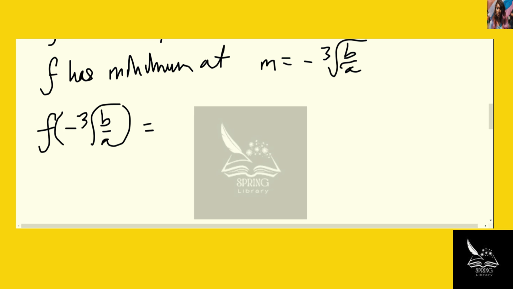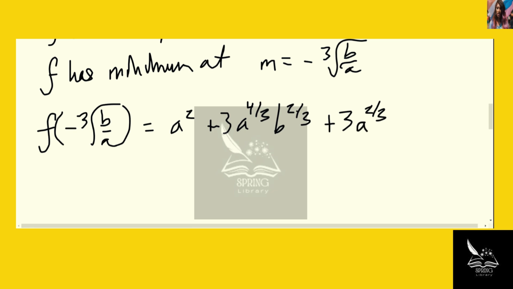This is equal to, once you finally simplify it down, there's a lot of steps here I'm skipping, a squared plus 3 a to the 4 thirds times b to the 2 thirds plus 3 a to the 2 thirds times b to the 4 thirds plus b squared.